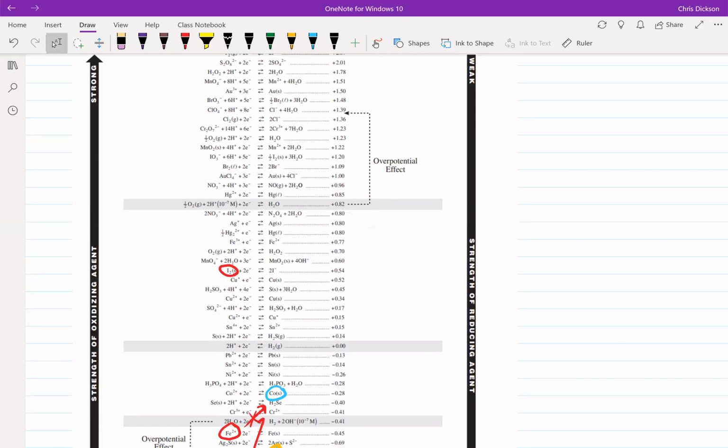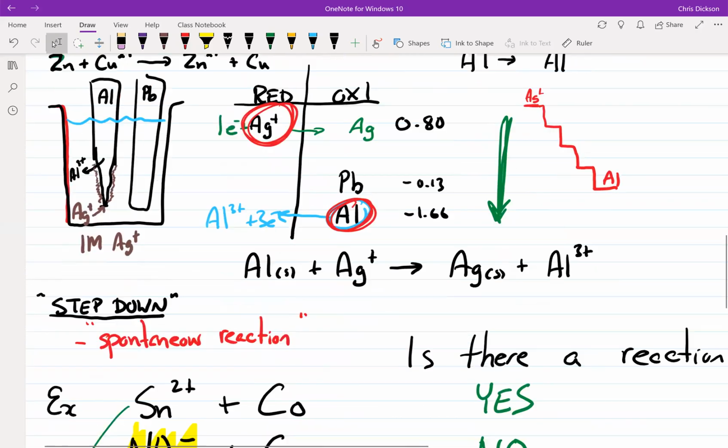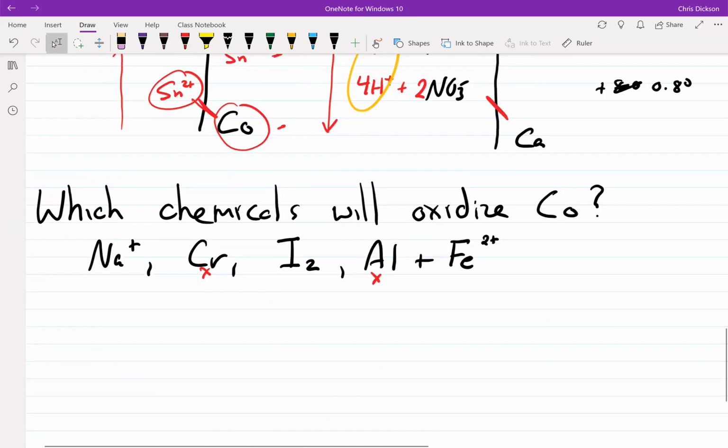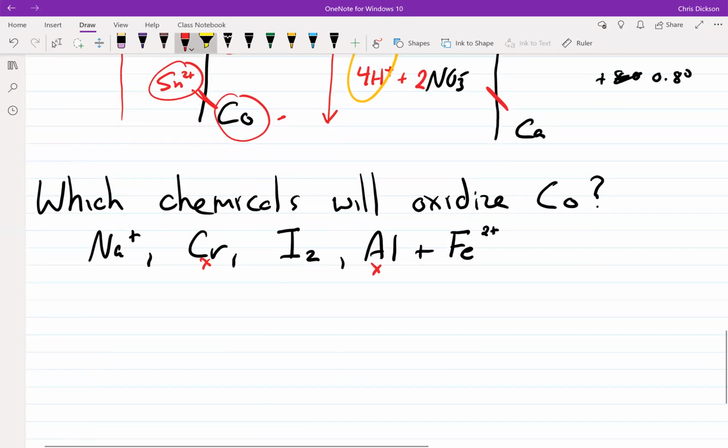There's a lot of jumping around here. So no to the sodium, it's too low down, and no to the iron 2 for the same reason, not quite as low down. And then the I2 would react with the cobalt. Okay, so let's try a last example for today, if I can create a good one here.